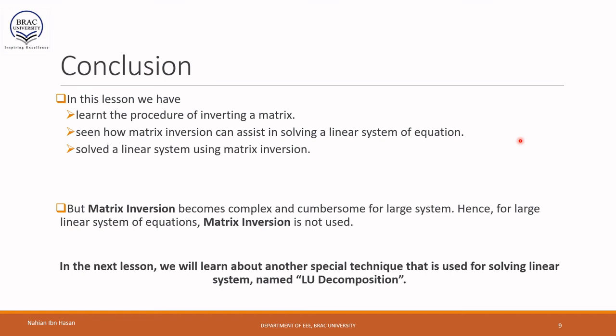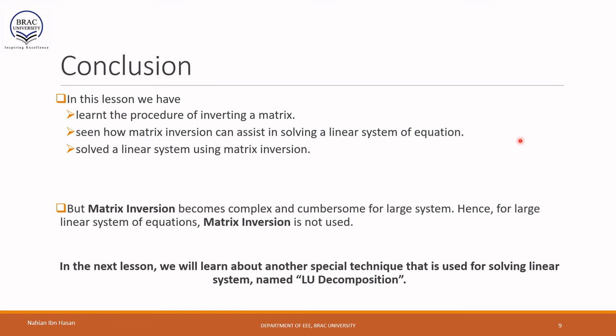In the next lesson, we will learn about another very popular method for finding the solution of a linear system, which is known as LU decomposition. And we will see that LU decomposition can be easily used to find the inverse of a matrix. The inversion method that we have used in this lesson, which is the adjoint method, is not so efficient because there are lots of additions and multiplications, and that's why this is not good for computational applications.